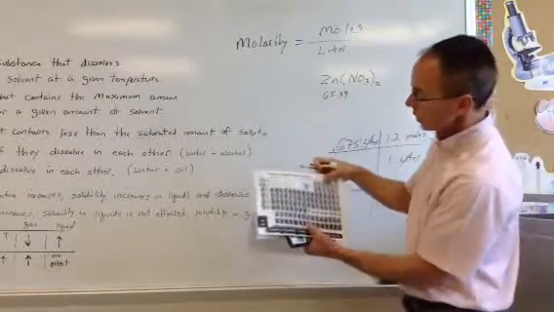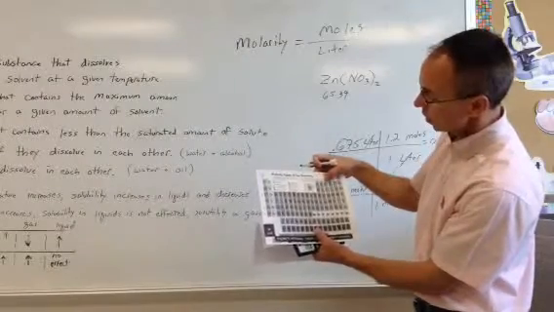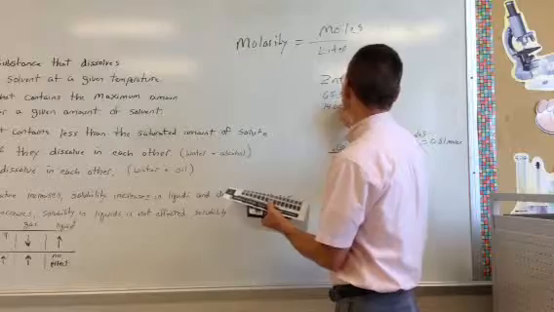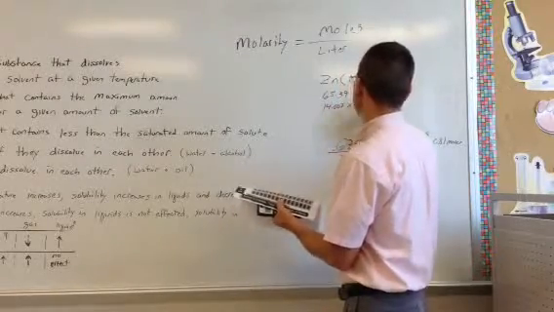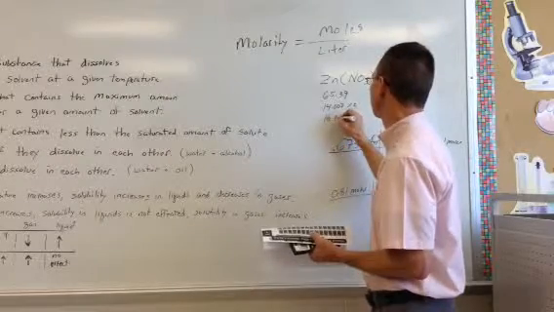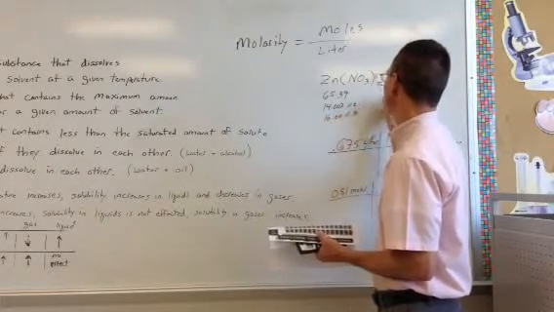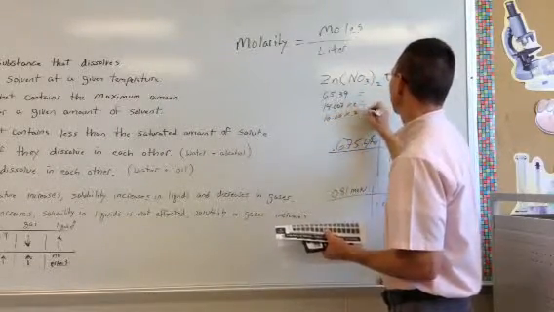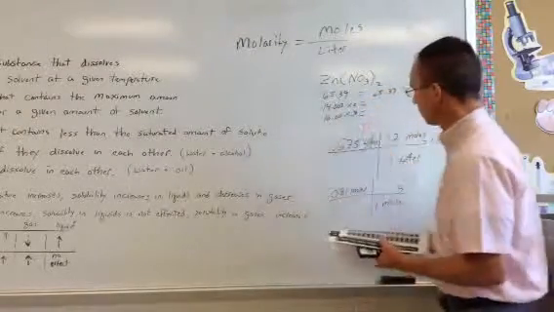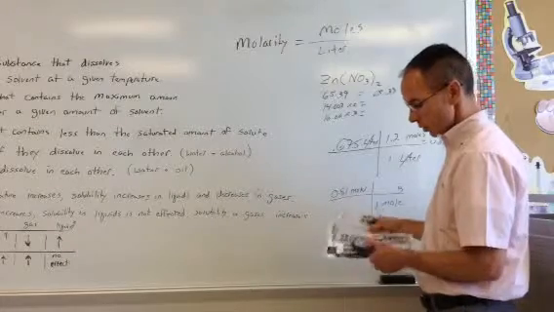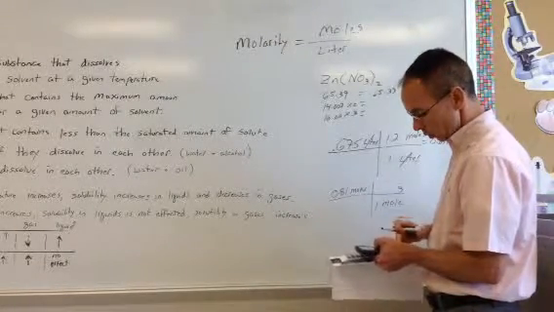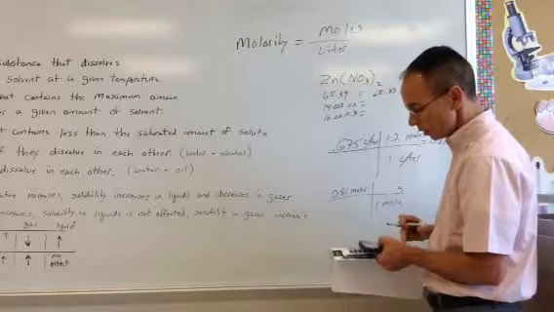Nitrogen right here, group 5A, weighs 14.007 times 2, and oxygen weighs 16 times 3. Add that all up, and I get 65.39 plus 14.007 plus 14.007.